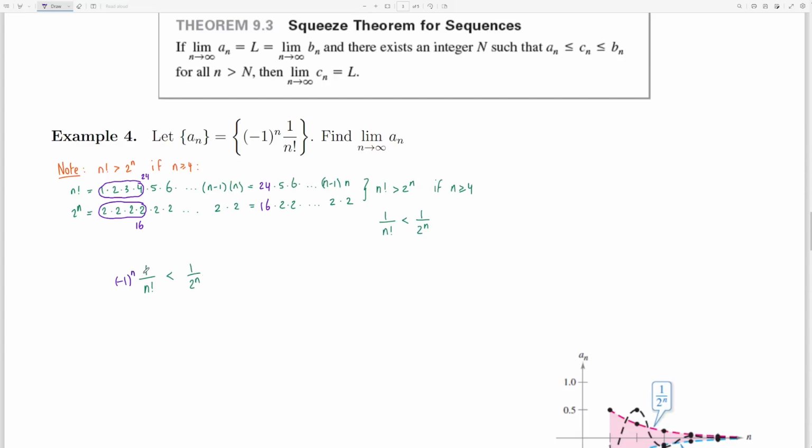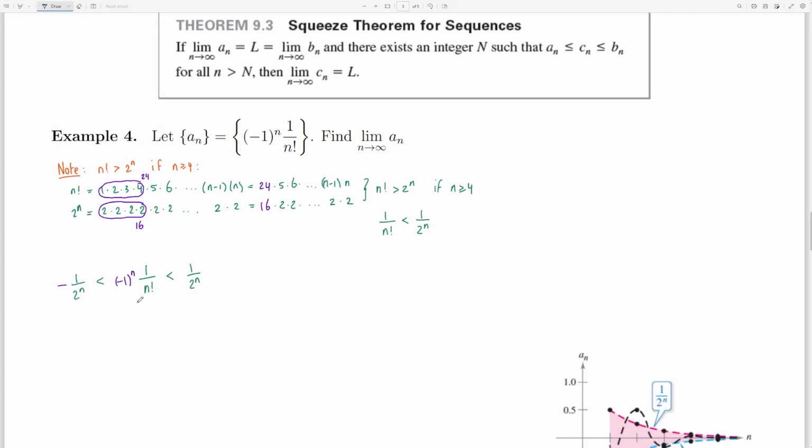That is not a problem for this inequality, because if you make this negative, it's certainly less than this positive number. And the worst this can be is positive 1. And so then you just have this inequality here. However, on the other side, we can say that this is always greater than negative 1 over 2 to the power n.